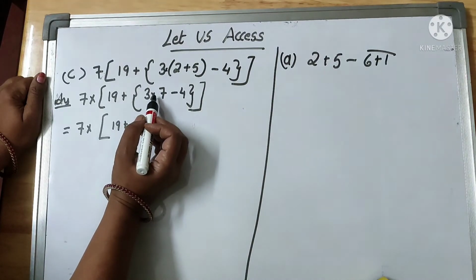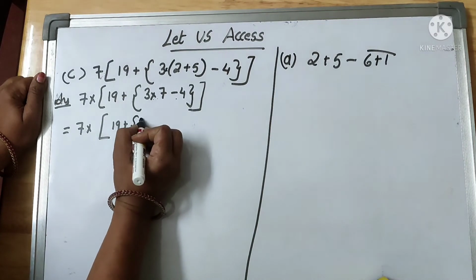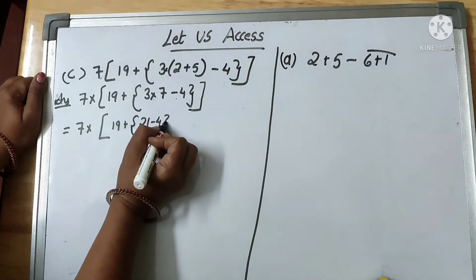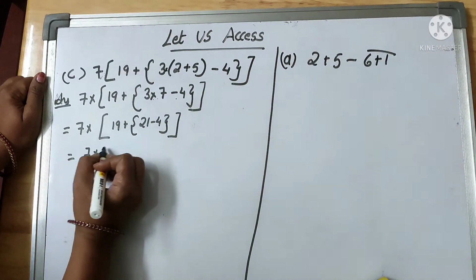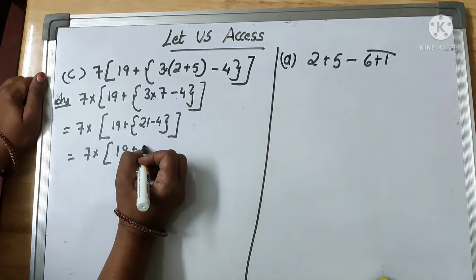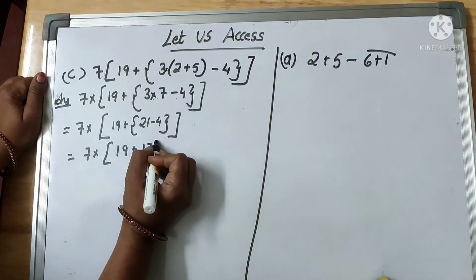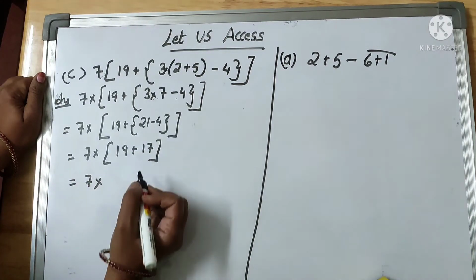First we will evaluate multiplication, then we do the subtraction. So it will be 21 minus 4, curly bracket closed, then square bracket closed, which is equal to 7 into 19 plus 21 minus 4. How much is it? It is equal to 17. Then square bracket closed.